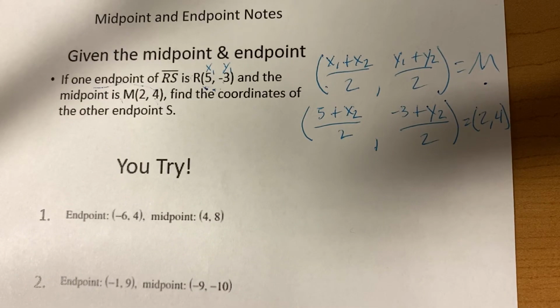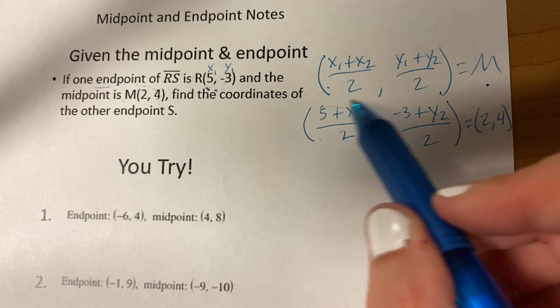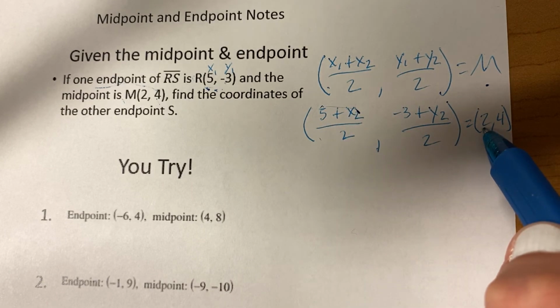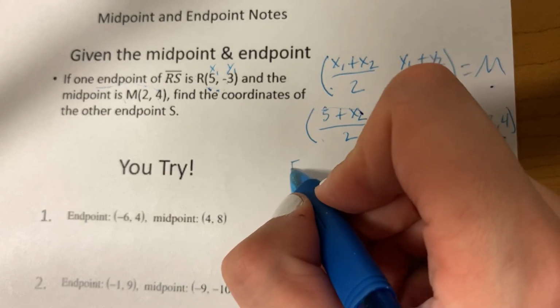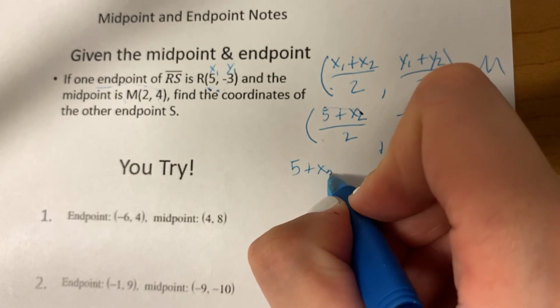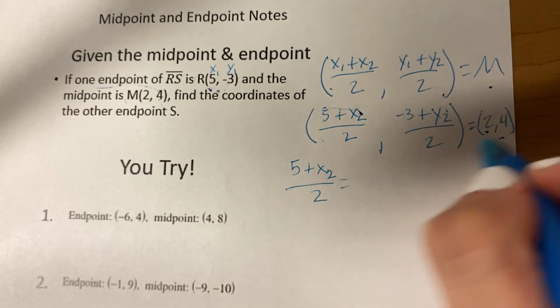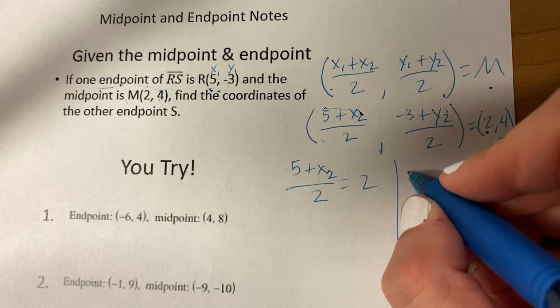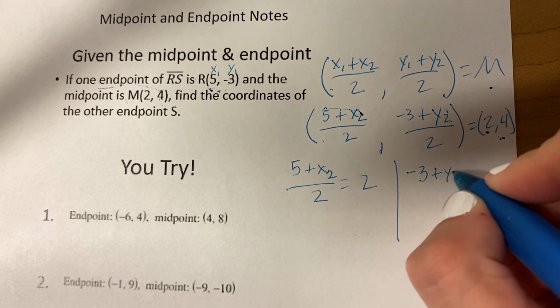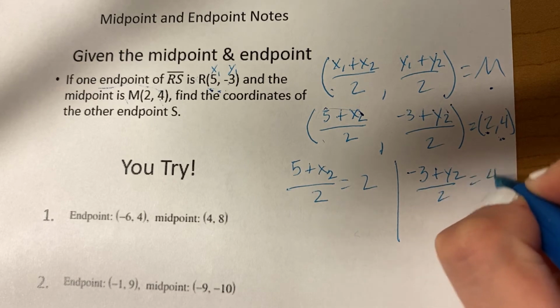Then I know this side should equal 2, and this side should equal 4. So I'm going to create two different equations. One says 5 plus x(2) over 2 is equal to 2. And another, -3 plus y(2) all over 2 is equal to 4.